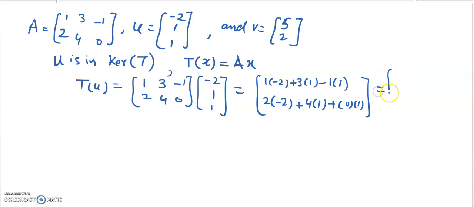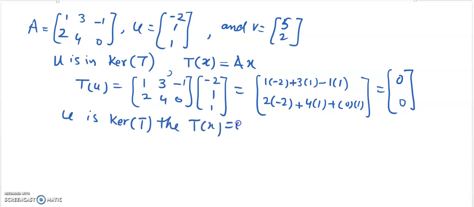So what we get over here is minus 2 plus 3, 1, minus 1 is 0, and then minus 4 plus 4 is 0. So in this case we actually meet the condition for the kernel of T, because if u is in kernel of T, then T of x will be equal to 0. So our answer is yes, u is in kernel of T.